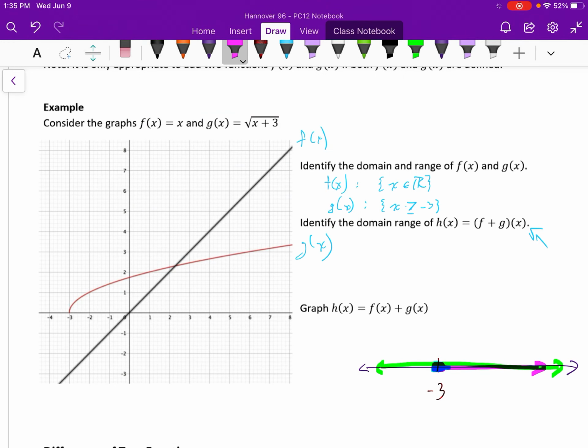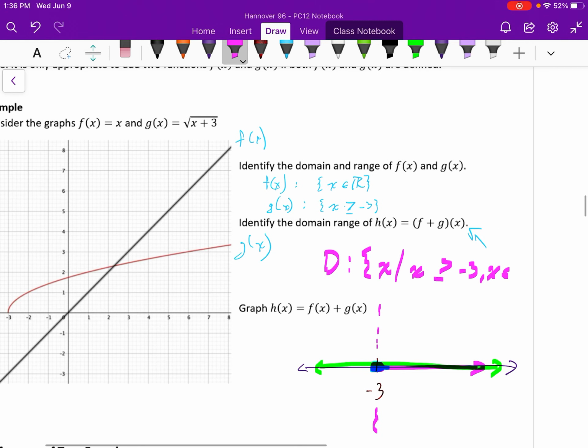And since the domain for f and the domain for g must both be defined, the domain of h of x would be where they are both defined. And they're both defined where x is greater than or equal to -3, x an element of the reals.